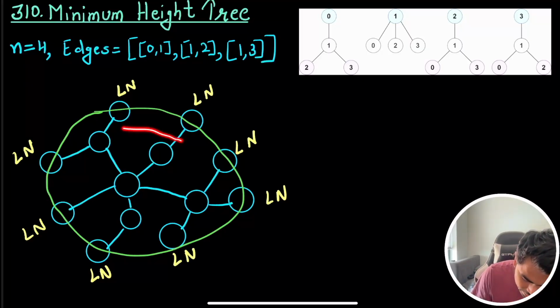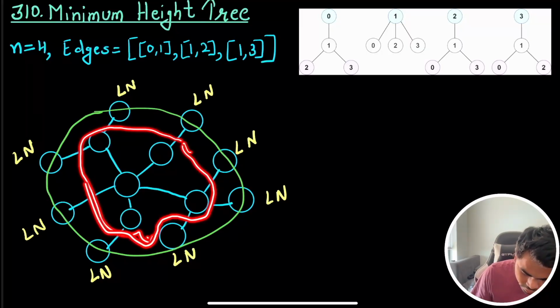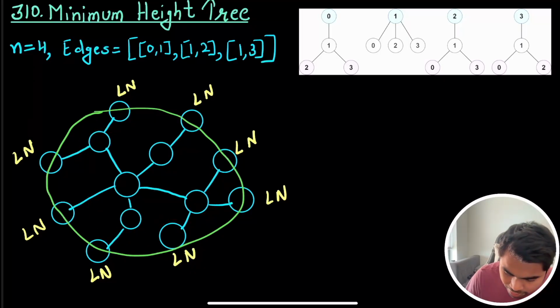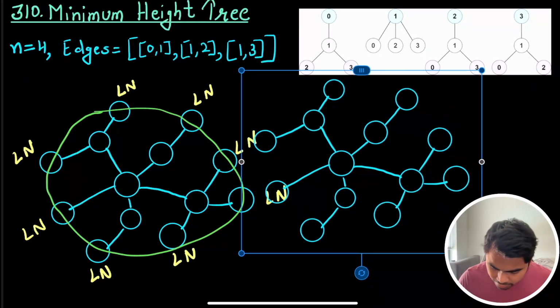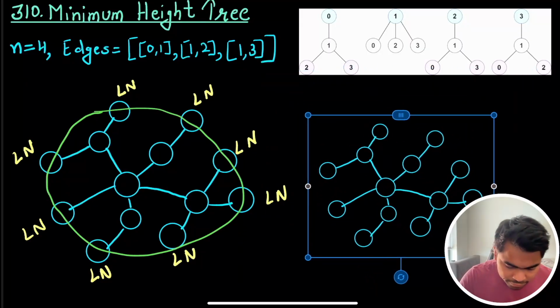So what is that middle? These are the middle nodes. So my answer would be somewhere here, but all of them cannot be the answer, right? Let's say I take out this part right here, and I'm pruning these nodes. I will just paste this right here again and prune these leaves.